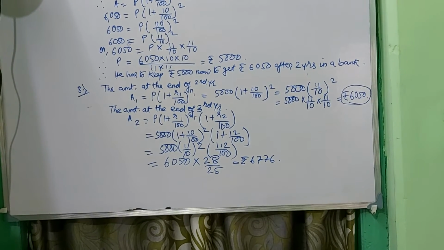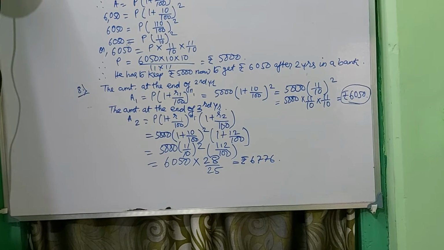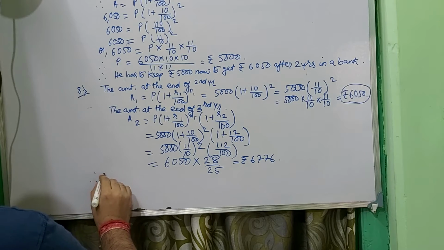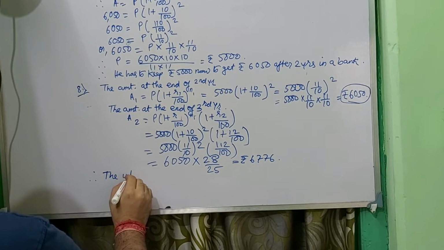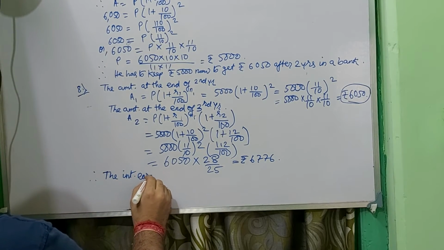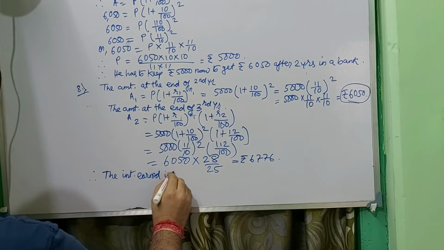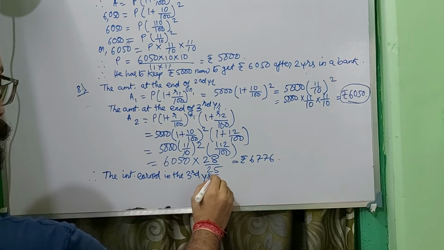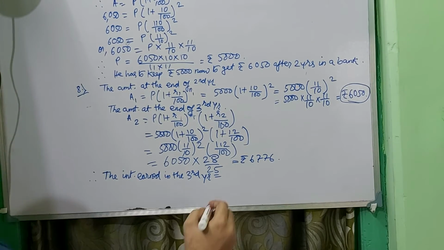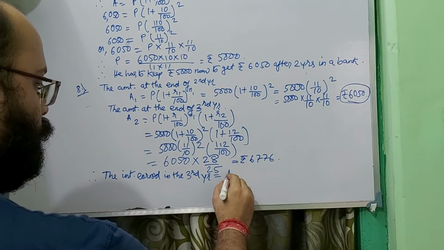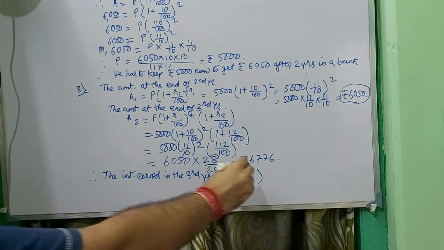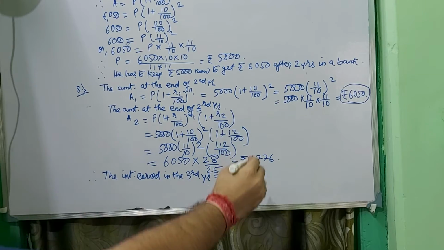But it has also said to find the amount at the end of third year and the interest earned in the third year. What will be the interest earned in the third year? Therefore, the interest earned in the third year is equal to A2 minus A1, means 6776 minus 6050.